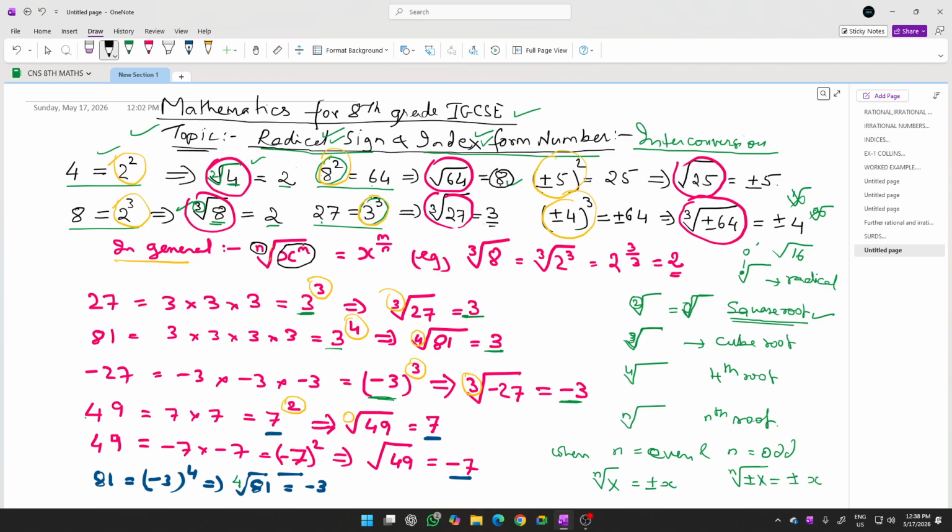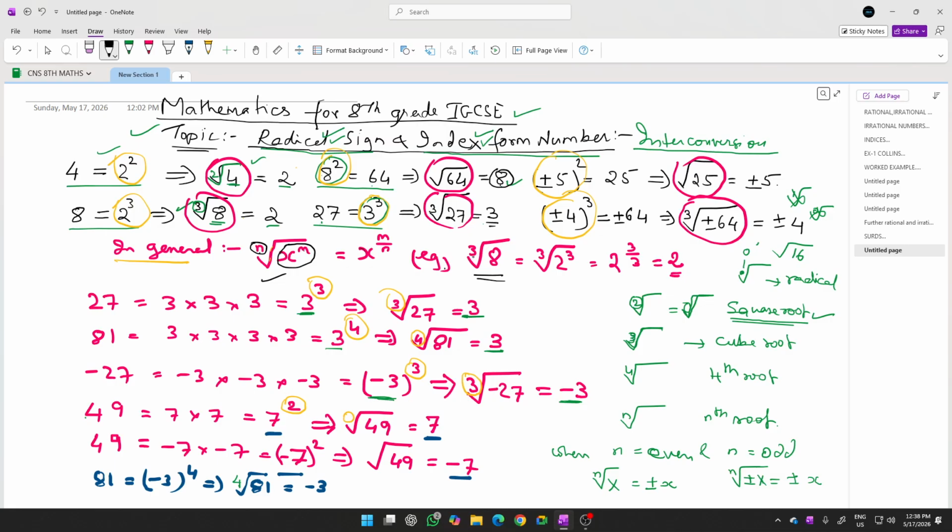Basically this is a number in radical form because you have a radical sign. Now if you want to convert it into index form, what you have to do is take this x, raise it to m and then divide by n.